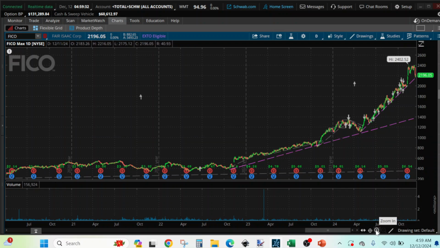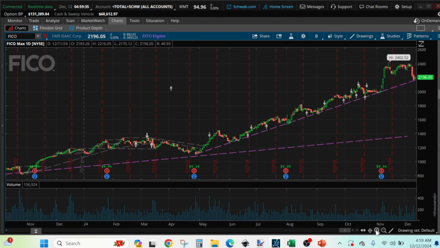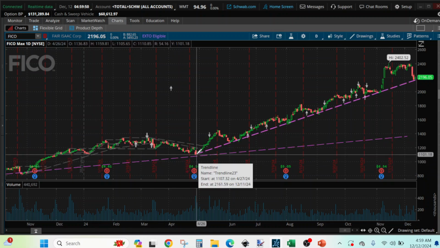But then the thing is, where is it going from here? At least when it was doing that here, it came back to this line.